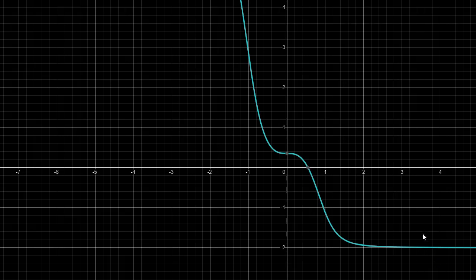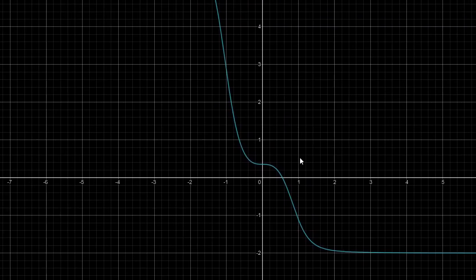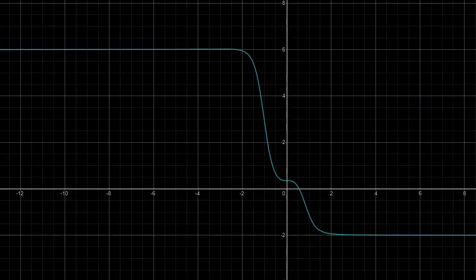All right, so for another example, let's look at this particular graph. I switched over to a different software for a minute here. My other one was having trouble.